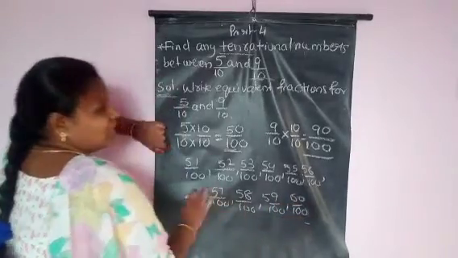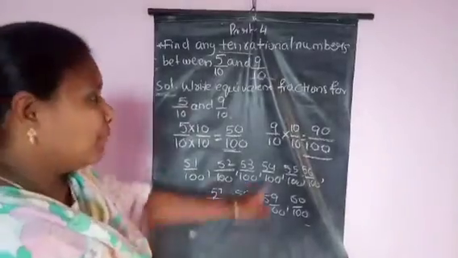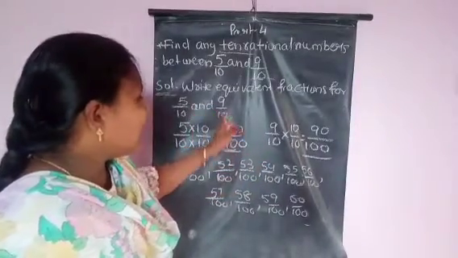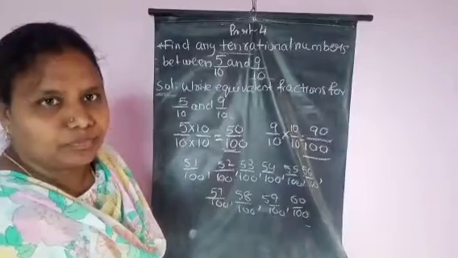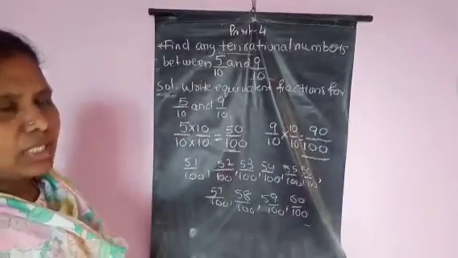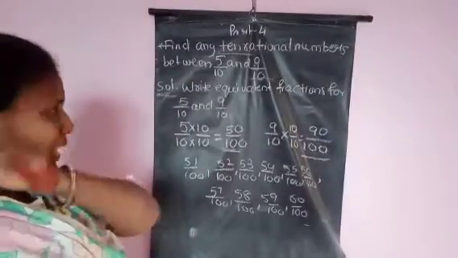So these are 10 fractional numbers between 5 by 10 and 9 by 10 now.